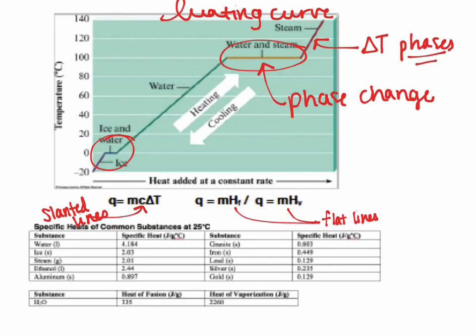And you have to calculate those numbers. So if I were to go from minus 20 in ice and take it up to liquid water at 60 degrees Celsius, I have to do 3 calculations. A calculation for Q equals mcΔT for the ice, then for the fusion, and then for the water.